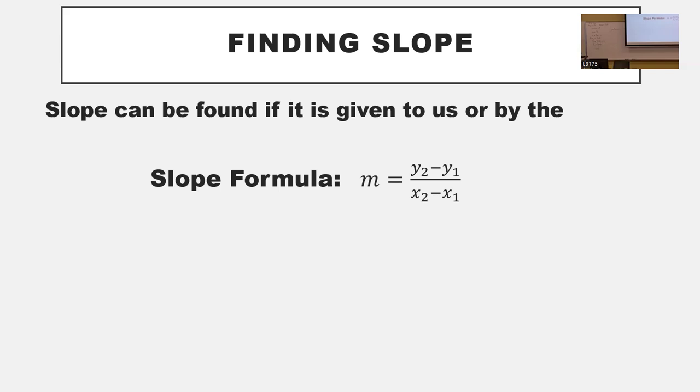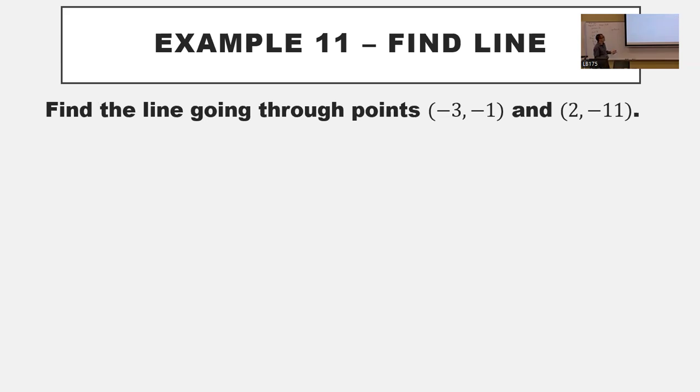And the primary way is the slope formula that we saw earlier. Change in y over change in x, y2 minus y1 over x2 minus x1. And again, we saw this earlier, so it should be a pretty straightforward calculation.